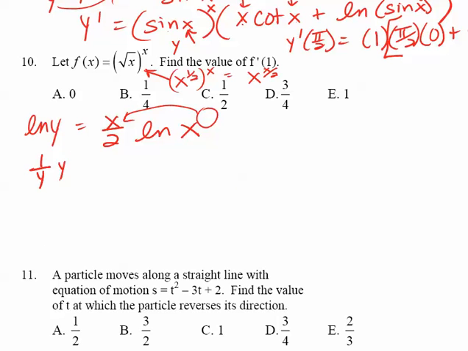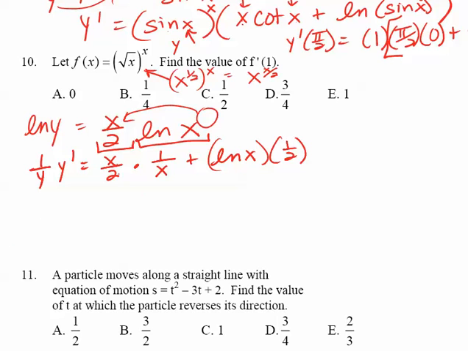And logarithmic differentiation. Here this is 1/2 times x as our first function. So we keep our first function times the derivative of the natural log of x plus the natural log of x times the derivative of 1/2 x. That would be 1/2.